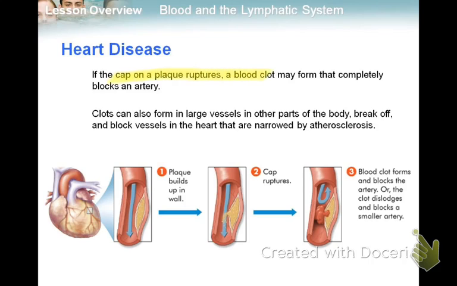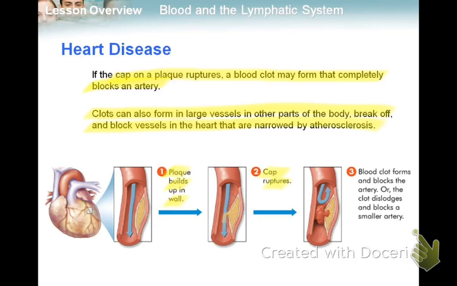If the cap on a plaque ruptures, a clot may form that completely blocks an artery. Clots can form in large vessels in other parts of the body, break off, and block blood vessels that are narrowed by atherosclerosis. And you can see what's going on with that situation right here. Here's the plaque building up.